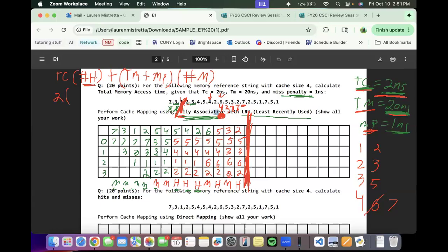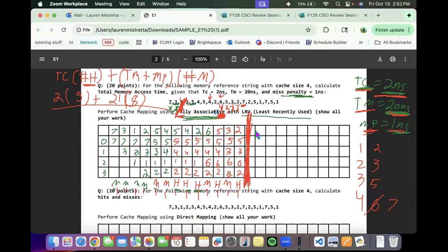I have 1, 2, 3, 4, 5 here. Plus the time of a miss plus the miss penalty. So that's 20 plus the 1 penalty, 21, times the number of misses: 1, 2, 3, 4, 5, 6, 7, 8. That's going to be your total memory access time.